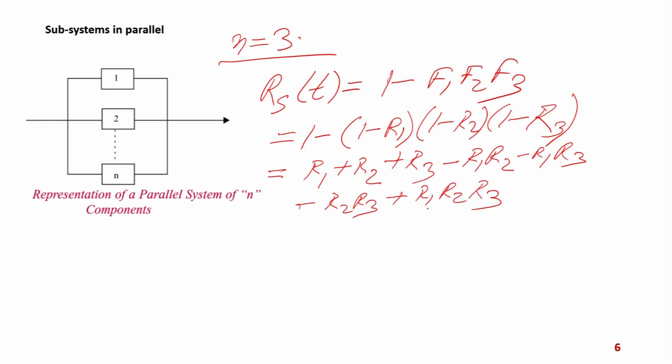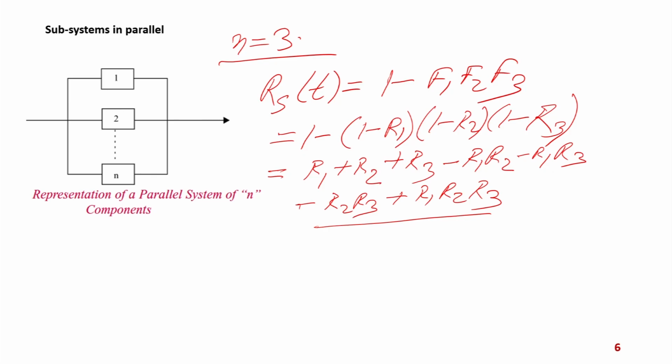So, you will find some similarity: whenever we take 2 systems, it was R 1 plus R 2 minus R 1 into R 2. But as n increases, there is a trend. We will use that trend to find the MTTF and the hazard rate, all those things.